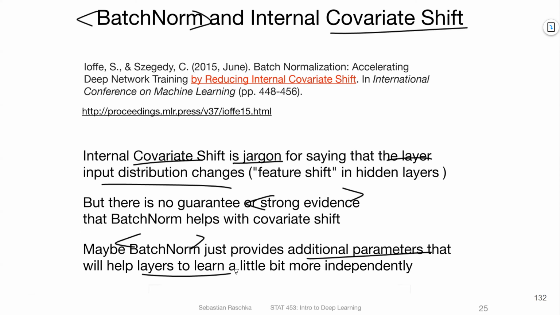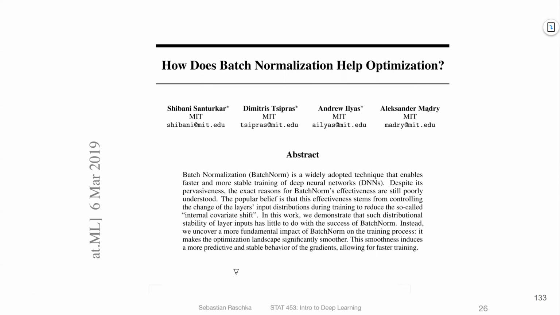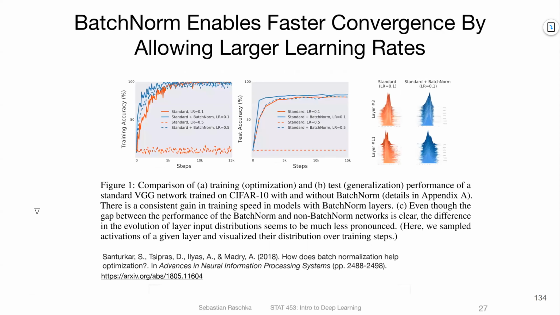And there have been numerous research outcomes to interpret the behavior of batch norm, like how does batch normalization help optimization? In this paper, it turned out that batch norm enables faster convergence because we can use larger learning rate.